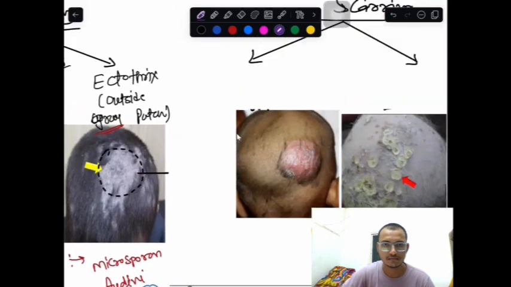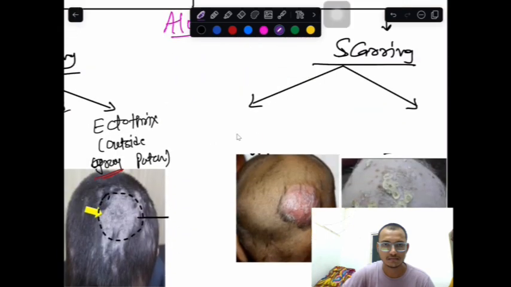Scarring alopecia, there are two types. Which one? These are the boggy type lesion, and this is the scutula or cup-like lesion.